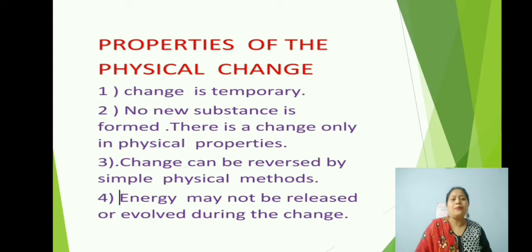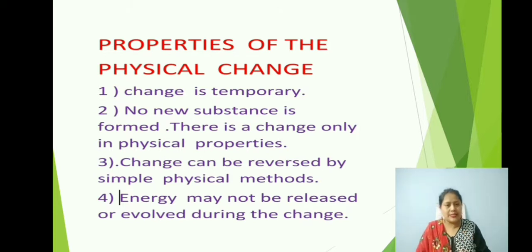Here are the properties of physical change. Point number 1: these changes are temporary, which means they last for a shorter period of time. Point number 2: no new substance is formed. There is a change only in physical properties as we have stated before.